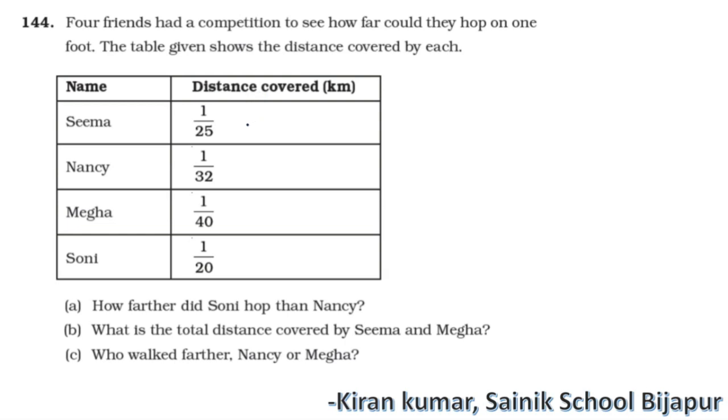The first sub-question is, how much farther did Sony hop than Nancy? The second sub-question is, what is the total distance covered by Seema and Megha? And the third sub-question is, who walked farther, Nancy or Megha?